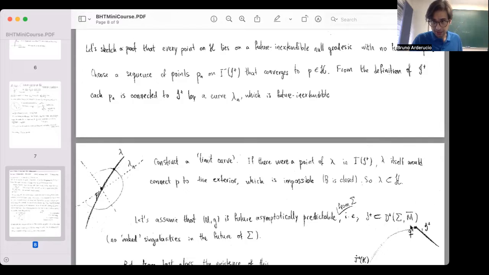So that's this M bar, perhaps a little bit confusingly.